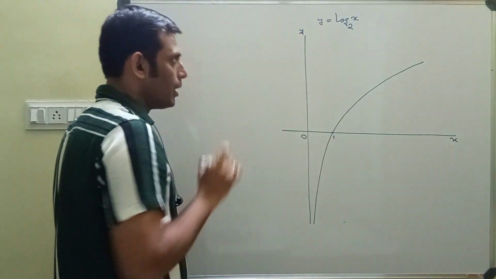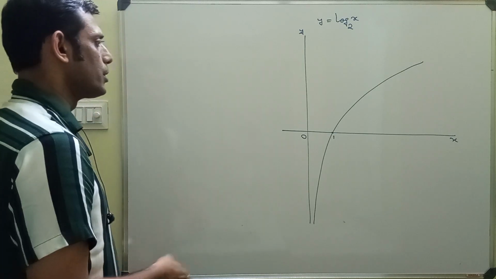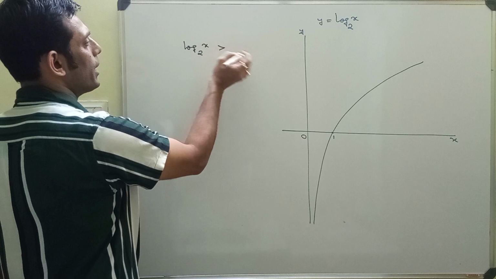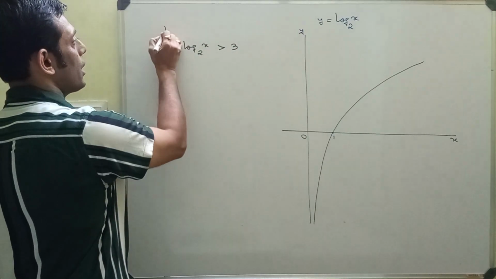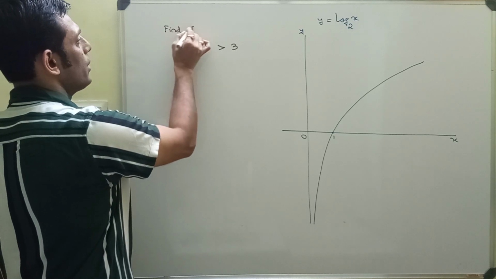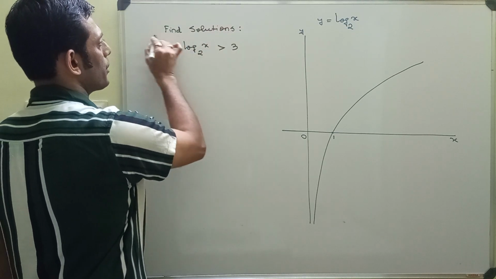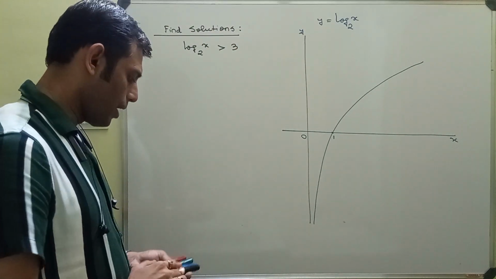And now, suppose you are asked a question: log x base 2 greater than 3 has what solutions? I mean to say, find solutions for this inequality. A basic question though, but can be solved using the graph very easily.